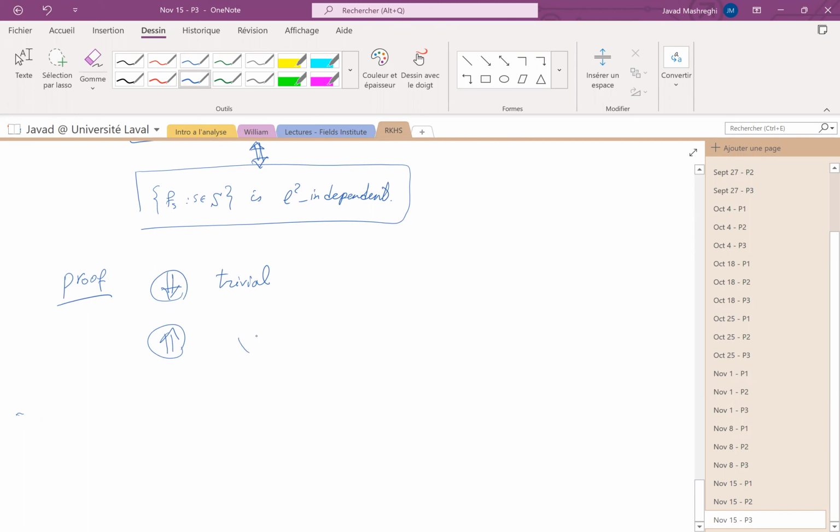Consider the operator V that we had before from L2. No, V was the other way around.